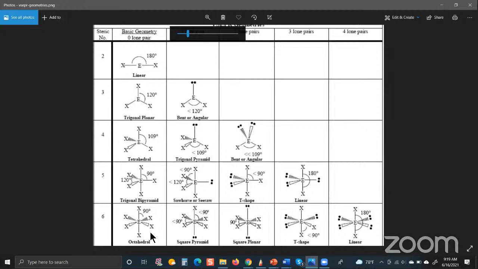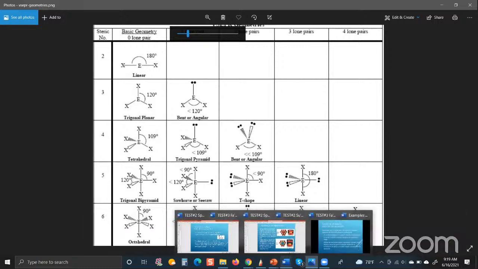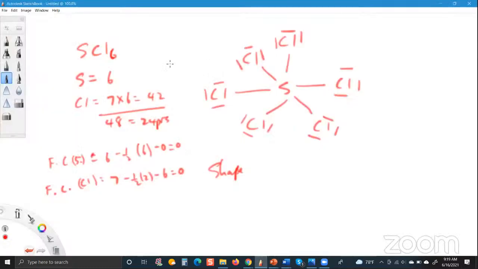So if the shape is octahedral, that means that you have a sulfur in the middle here, and you have chlorines where the X's are, right? What would you think would happen? Let me redraw that structure here. It's an octahedral shape, as I said before. The sulfur is here.